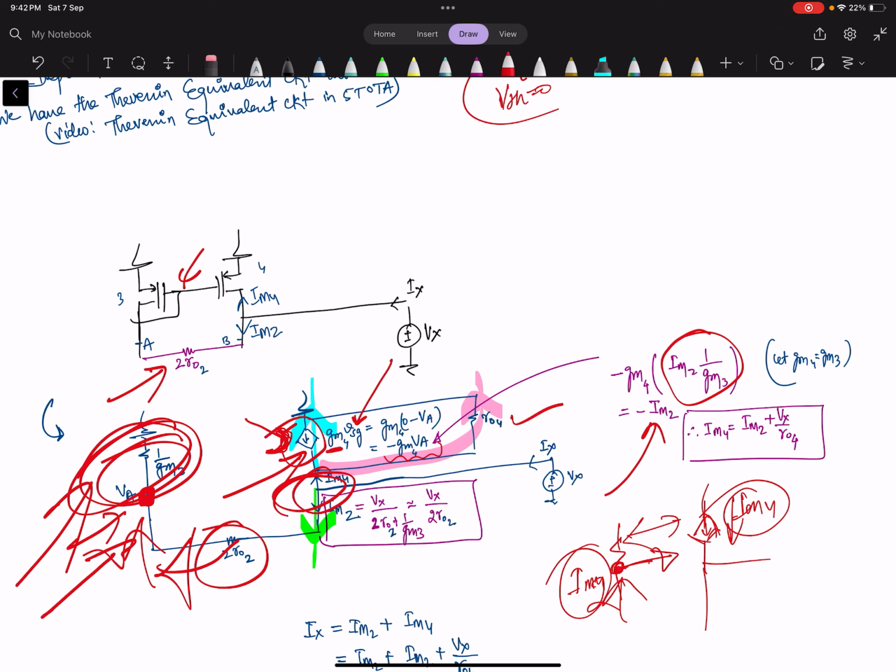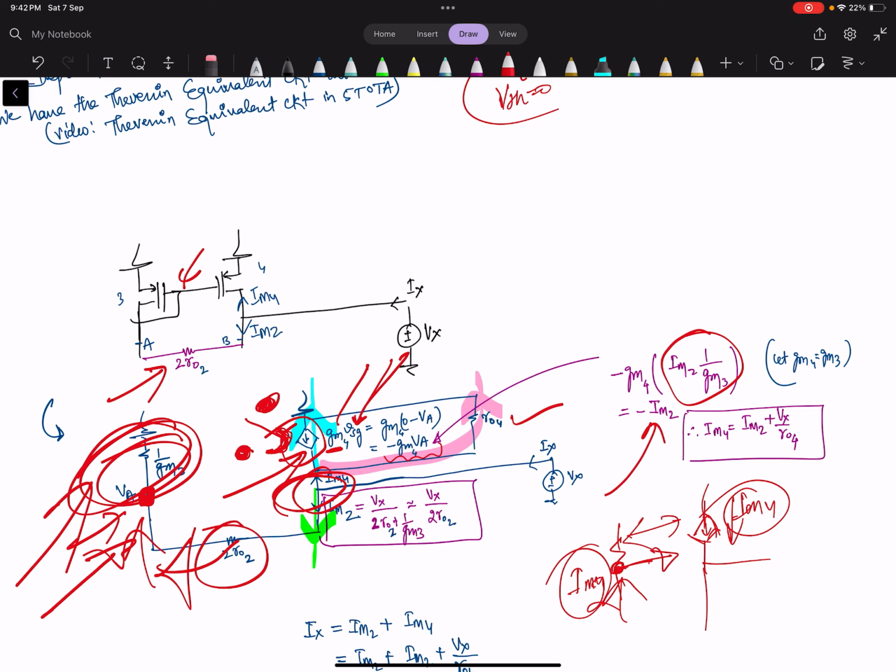So just see how I have calculated the value of current GM VSG: source to drain is the current direction, and the voltage is from source to gate, because the source potential is higher than the gate potential.